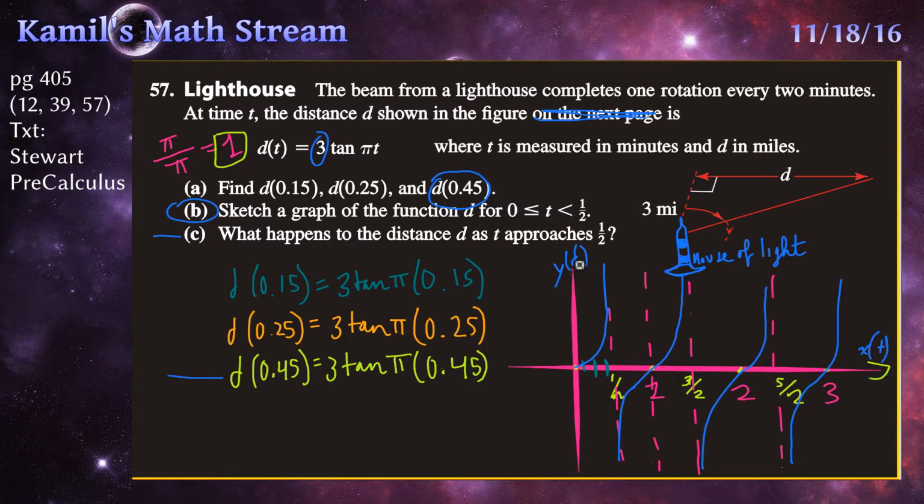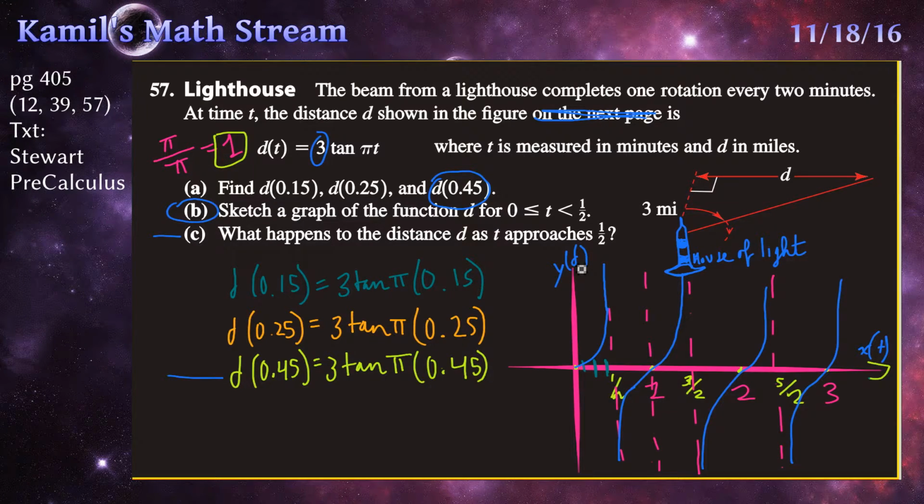It's the d value, the y value, distance d is near infinite. It's close to infinity. It's not quite there, but it's almost there. But it's gonna be undefined if t were to actually be 1/2.